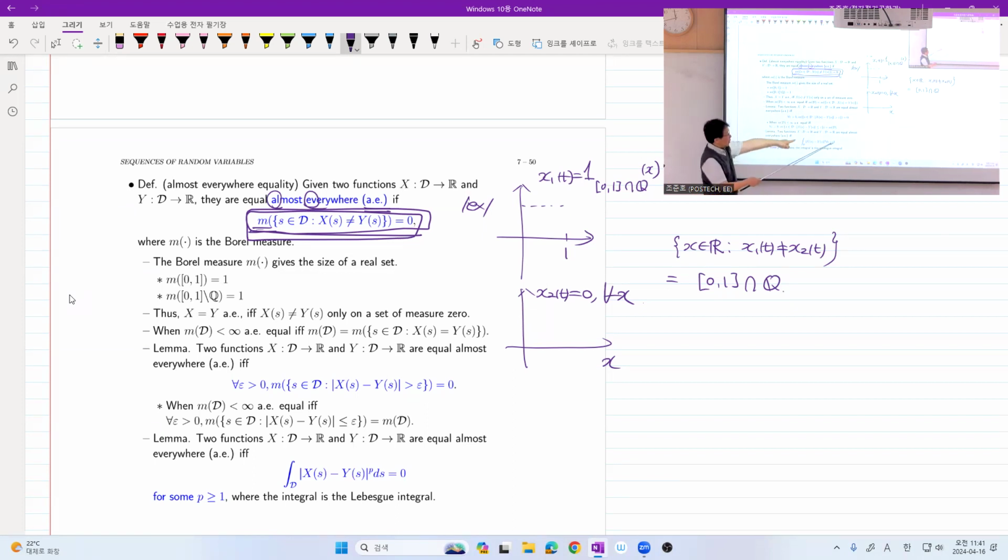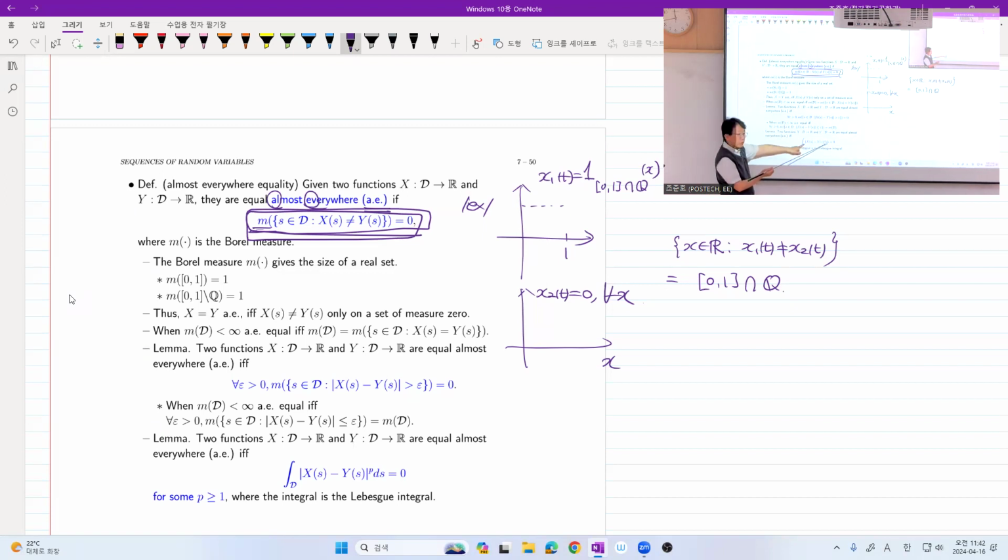And another thing is this one. Consider this integration. Suppose p is a real number greater than or equal to 1. That is very important. If it is less than 1, you have nothing. Okay, you have very big trouble. Now, you subtract and take the absolute value, or modulus if they are complex valued, and then raise to the power of p, which is greater than or equal to 1.